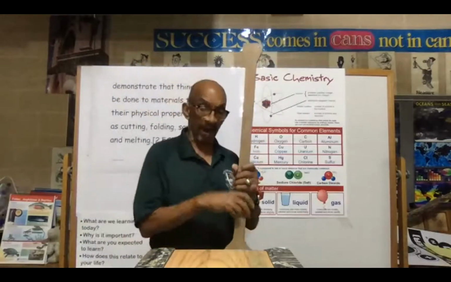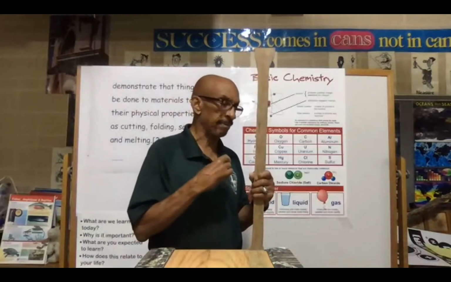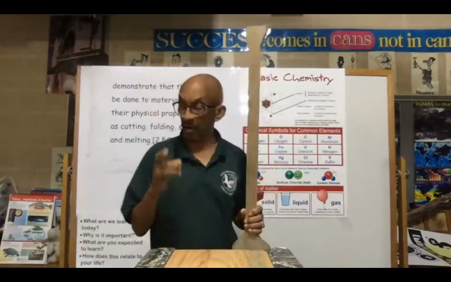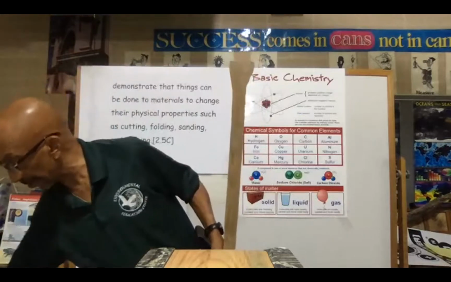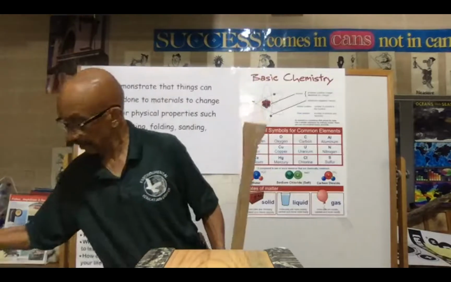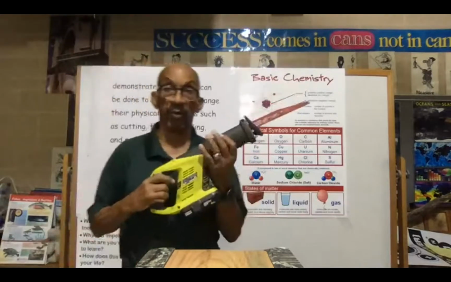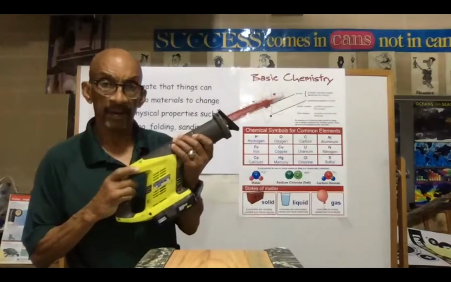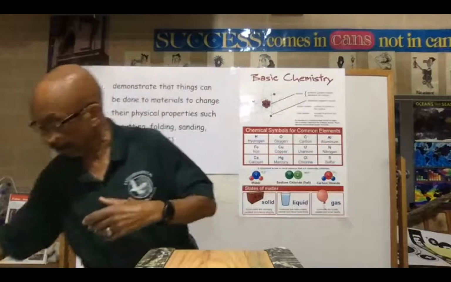So I started out by cutting, and when we're using a tool to cut something rigid, most of the time we will use a saw, right? Well, the type of saw that I was using was a battery operated saw, what we call a reciprocating saw. And that's what I used to cut the shape of the pattern.